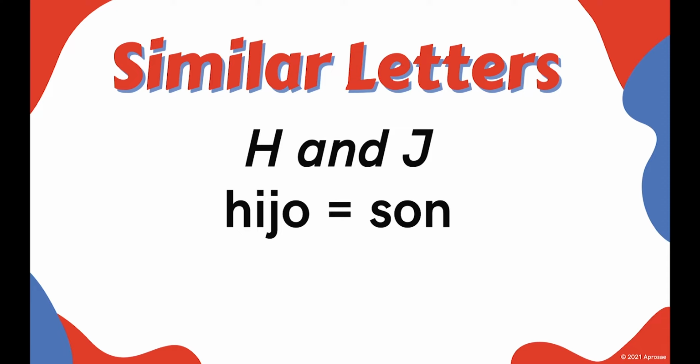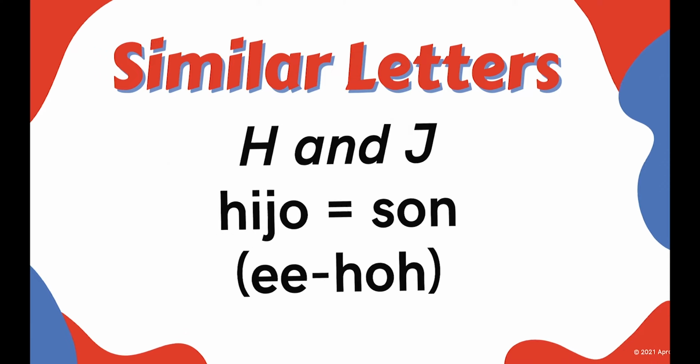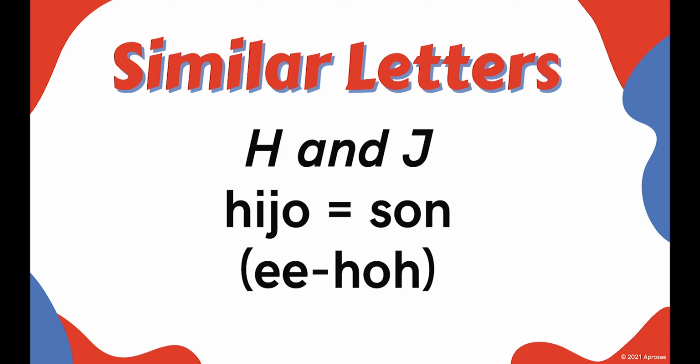You don't say, hi Joe, it's hijo. And that's because the H is silent and the J is pronounced like the H is in English. So, when we look at that in English, we would say hi Joe. When we look at that in Spanish, we should say hijo.